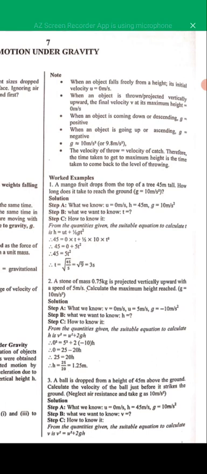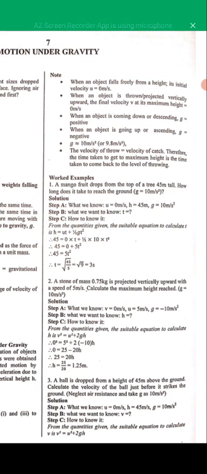The last one: the velocity of throw of a body is equal to the velocity of catch. Therefore, the time taken to get to the maximum height is the same as the time taken to come back to the level of throwing. The time it takes to go up is the same as the time it takes to come down.